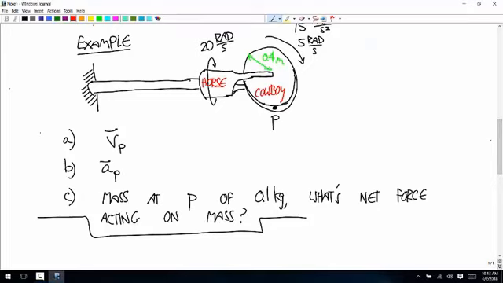You have a few options of where to put the coordinate system, but to make this as simple as possible, I'm going to choose a coordinate system like this. So there's X, Y, and Z coming out of the page.